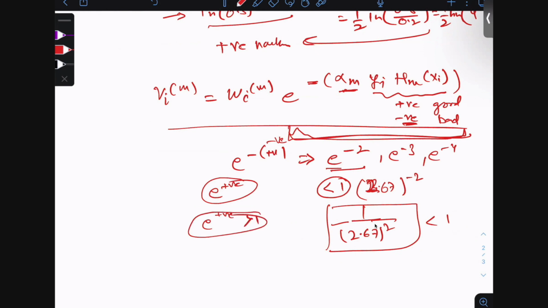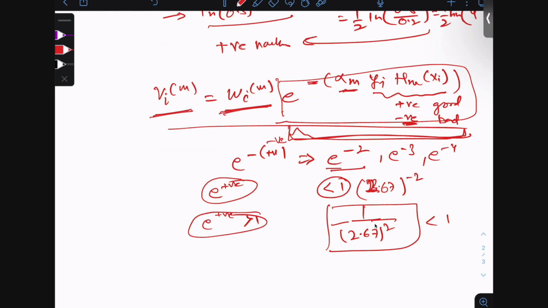So what this whole thing is doing, if you understand, is assigning a weight to an observation. This is coming from the last model, right? And this is my new model observation weight, and this is my old observation weight.